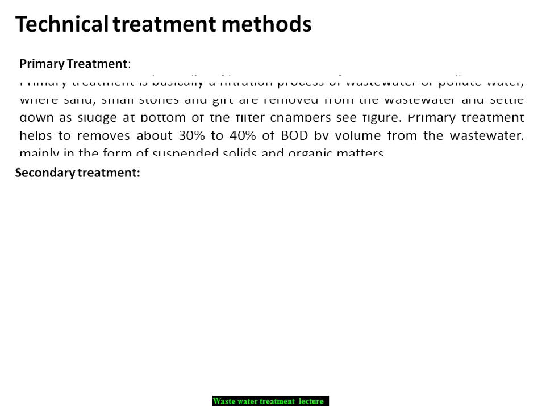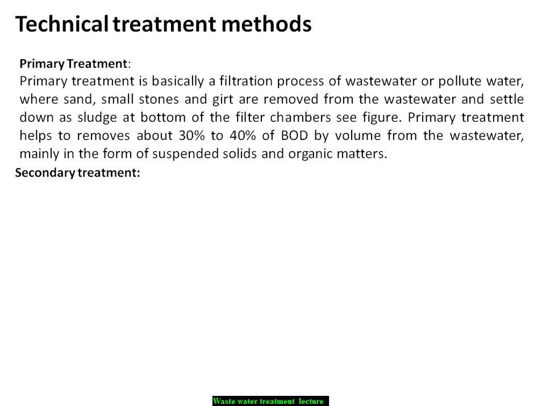Now the second method is the technical treatment methods, which are very helpful to reduce wastewater. These technical treatment methods can be divided into two categories, the primary and secondary treatment. After the secondary treatment, if we want to use this water for drinking, we can use tertiary treatment also. The primary treatment is basically the filtration method.